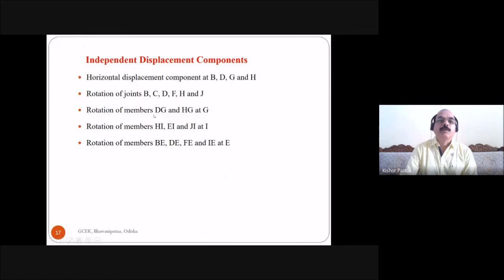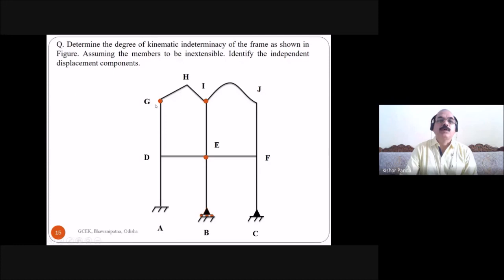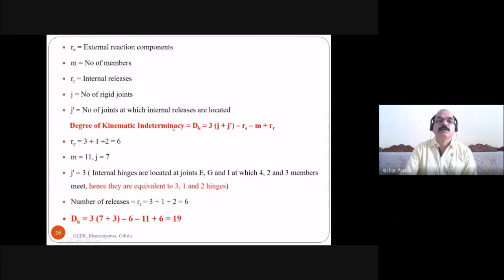Then rotation of members DG and GH at G. At G 2 members meet, so here rotation and here rotation: rotation of member DG and GH.